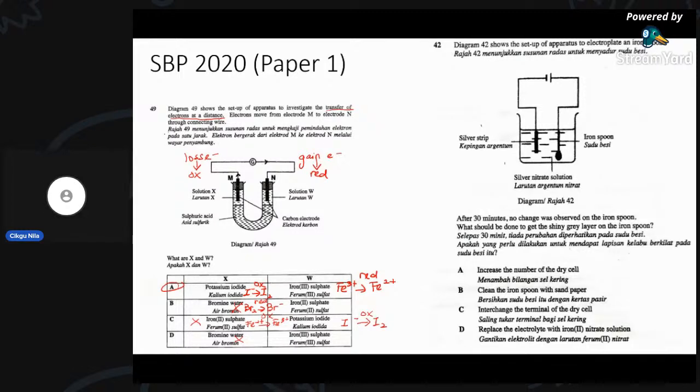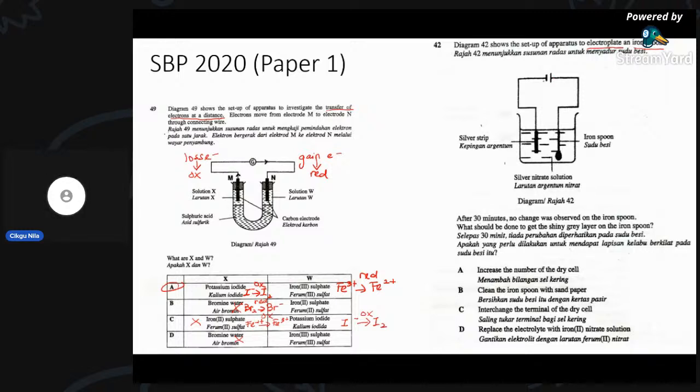This is a setup of apparatus to electroplate an iron spoon. Previously, you have seen purification of metal. That is also an application of electrolysis, and this is also an application of electrolysis. You have your negative terminal and your positive terminal.